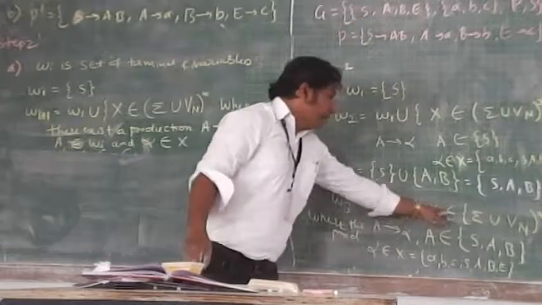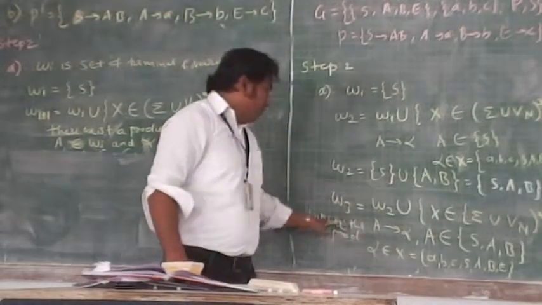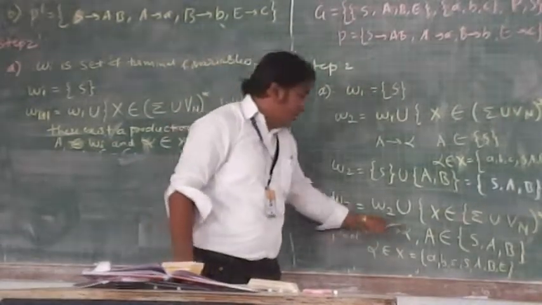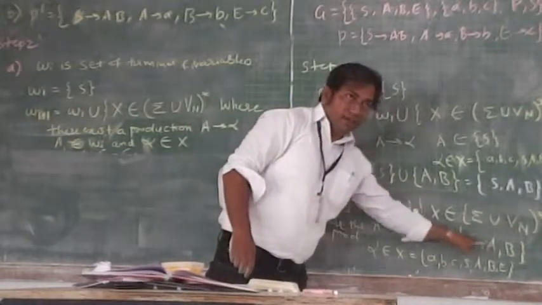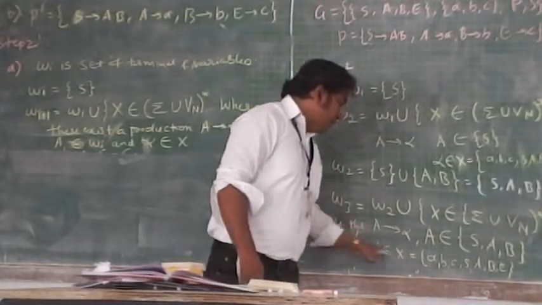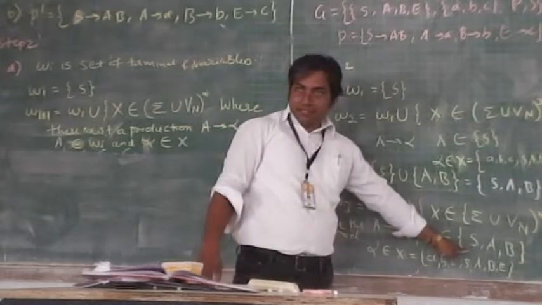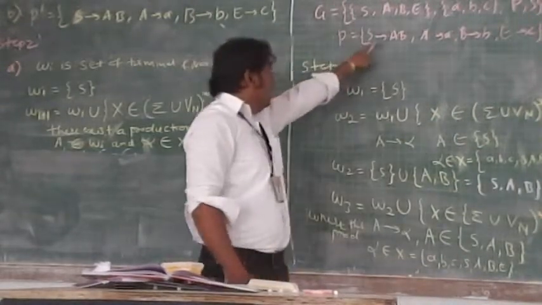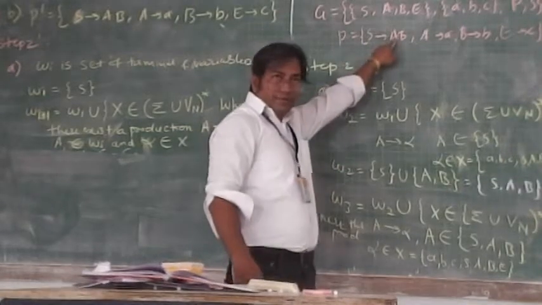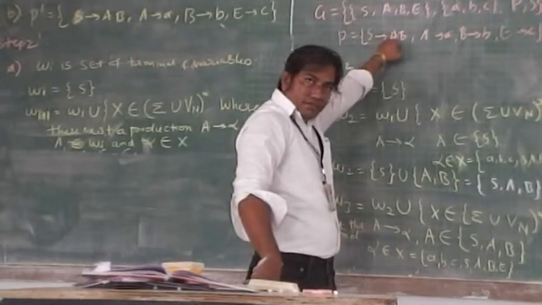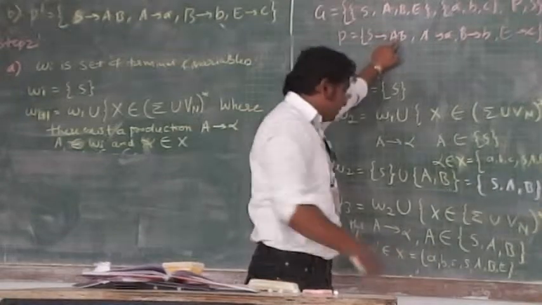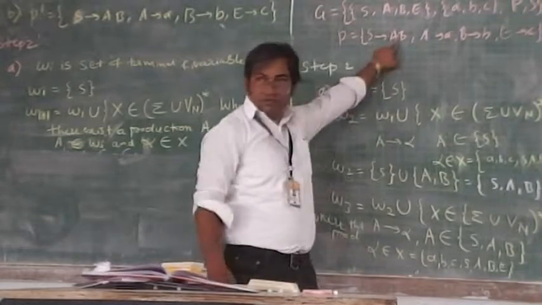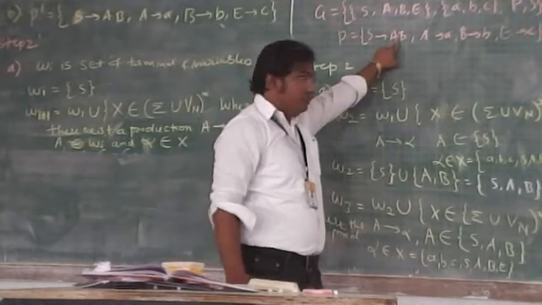X belongs to this. For a production A implies alpha, where A is SAB, my X is alpha belongs to this. Select S from the production. S production is this one. Go to the right hand side, see it, and check whether this AB belongs to this X or not. Does it belong? Yes.